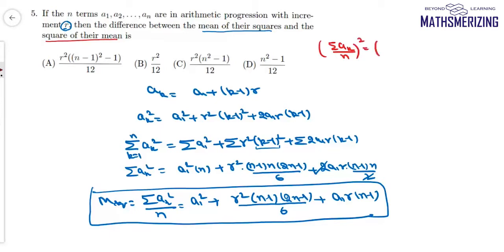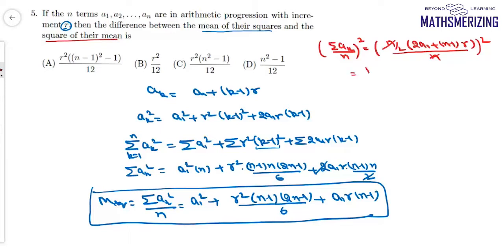Now what is summation AK? Summation AK will be simply N by 2 times (2A1 plus (N minus 1) into D), which in this case is R, upon N, and then whole square. So here N and N will cancel.